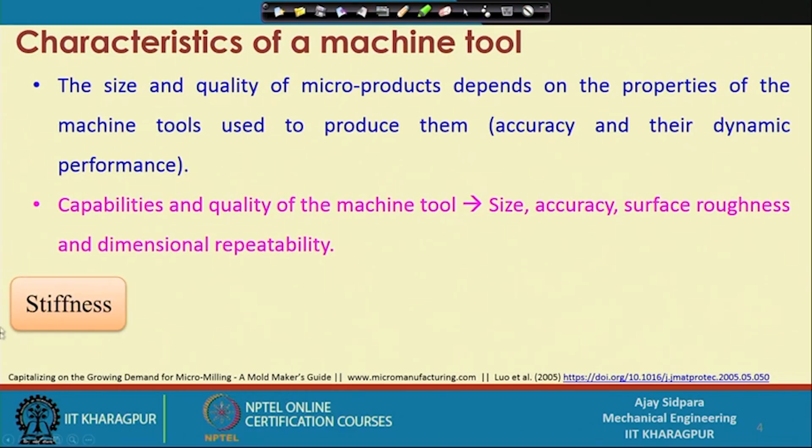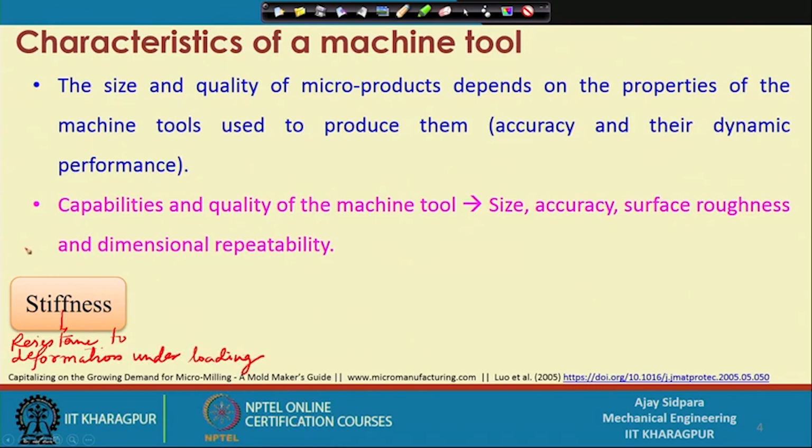So, what things are important? The first important thing is stiffness. Stiffness means resistance to deformation under loading.